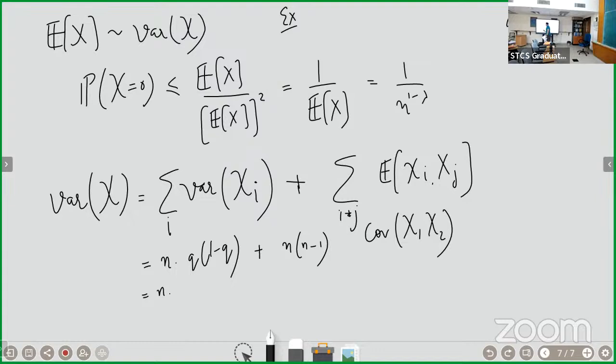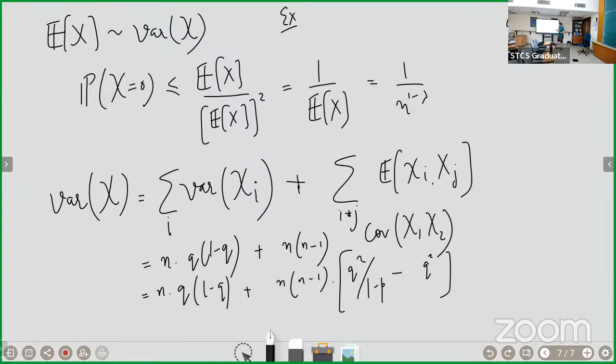And so this is algebra. I'm not going to spend too much time here. So this you can compute, Q squared P minus Q squared.